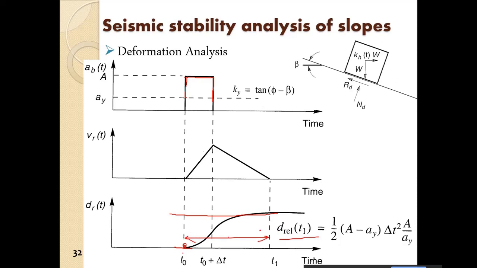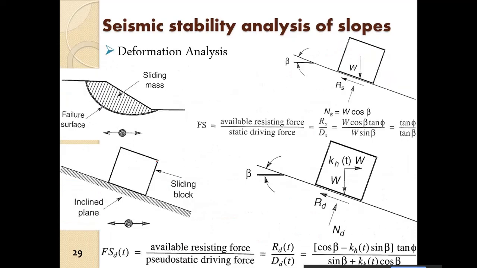The delta relative means relative to this slope, that is, the motion or displacement of this block relative to this stable mass, the displacement of this sliding block.